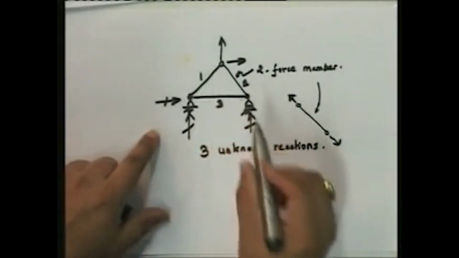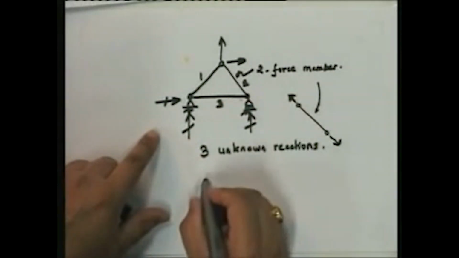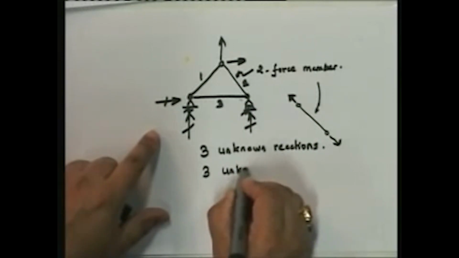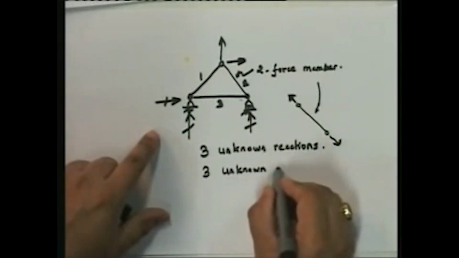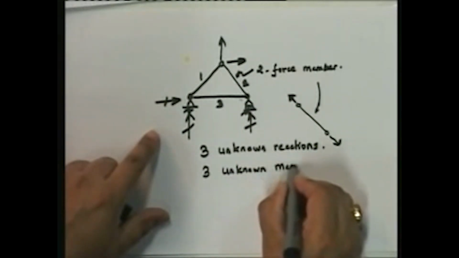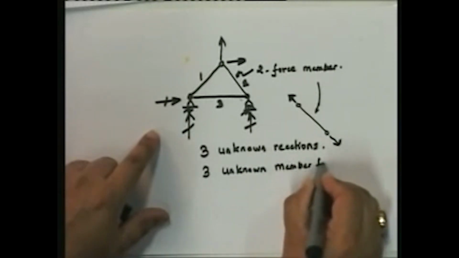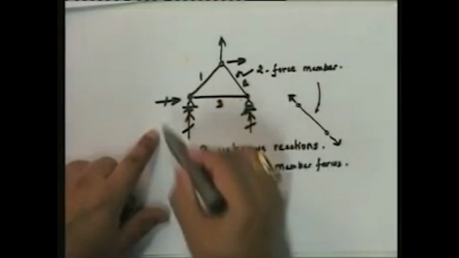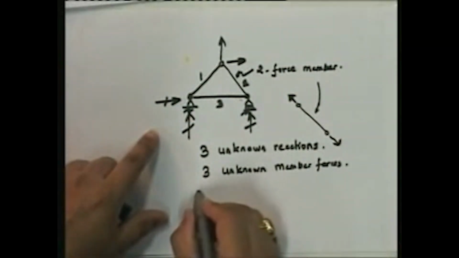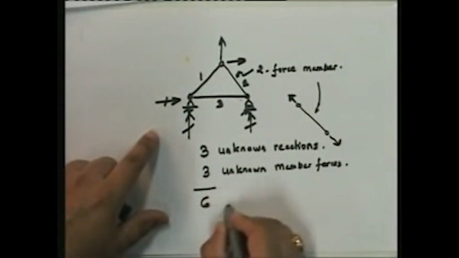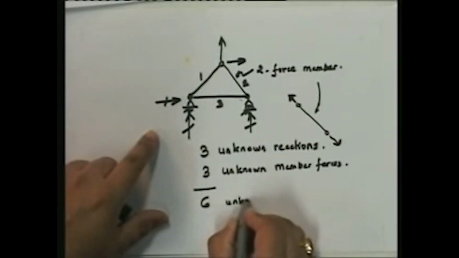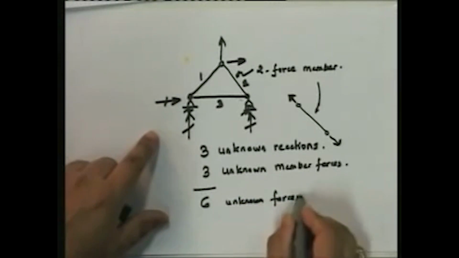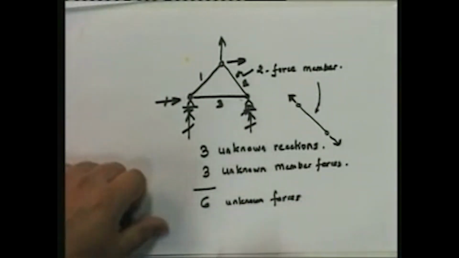And therefore, since we have 3 members, we have 3 unknown member forces. So how many unknowns do we have in this structure? We have 6 unknown forces.